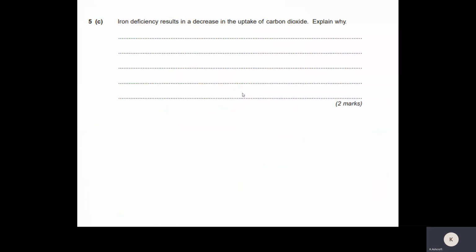Now the last question, 5C, said iron deficiency results in a decrease in the uptake of carbon dioxide. Explain why. Now we know iron deficiency up to this point means there's less ATP and less NADPH. If there's less reduction of GP to triose phosphate, there's a lower mean concentration of triose phosphate.